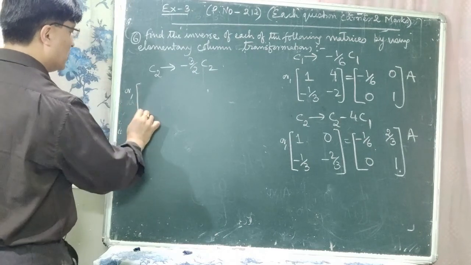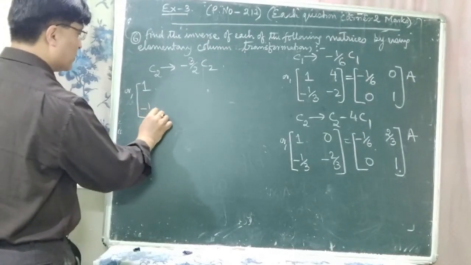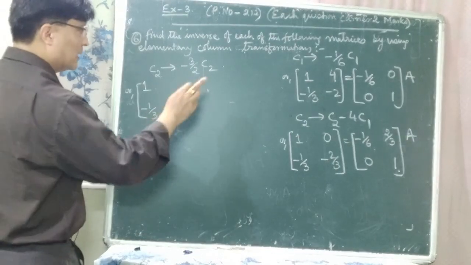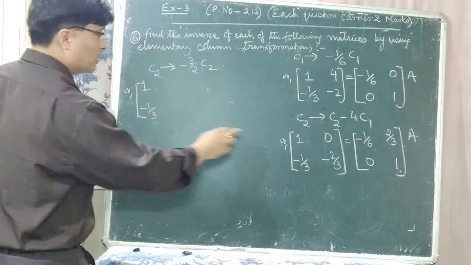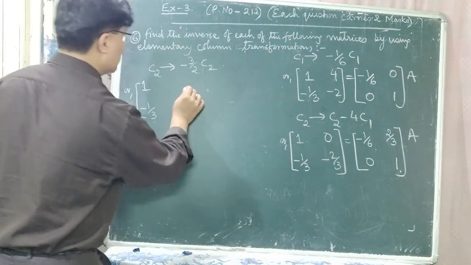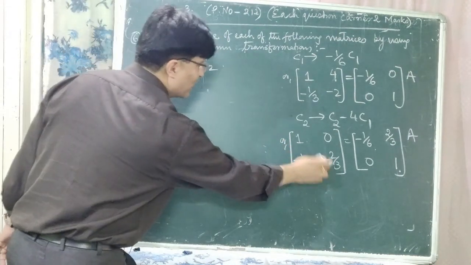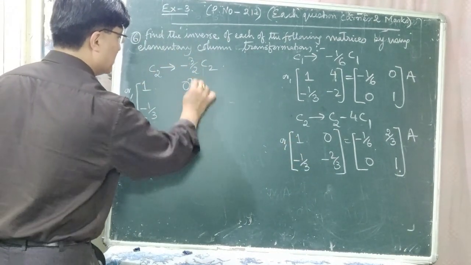So now the first column remains the same, 1, minus 1/3, right? And next, C2: minus 3 by 2 into 0 is always 0, and then minus 3 by 2 into minus 2 by 3 is always 1.